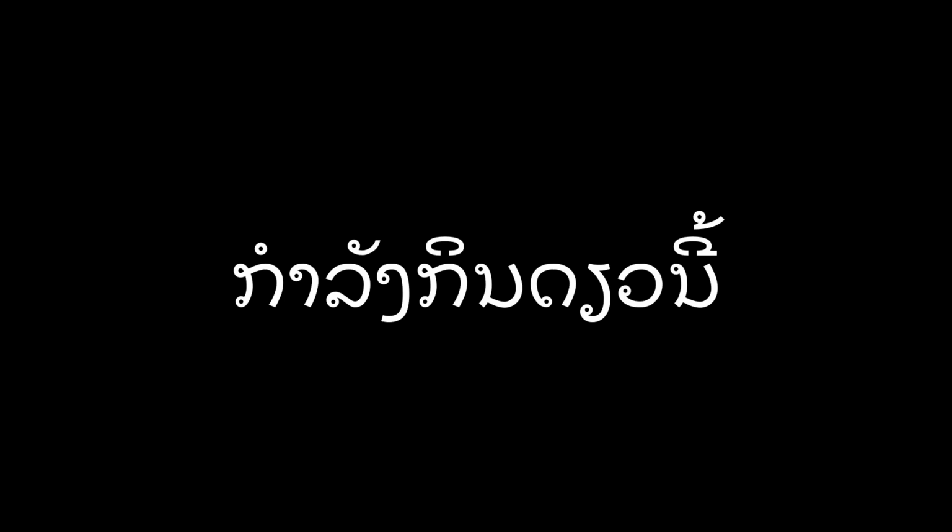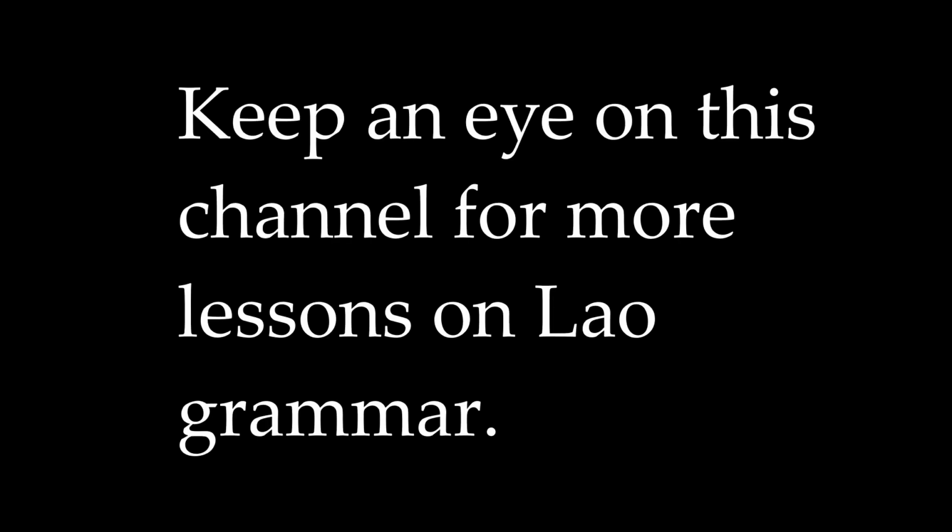Dioni and gamlang can be used together, or you can use one or the other to indicate that some action is happening right now. There are, of course, many other ways to put together a Lao sentence, or modify this structure to change the meaning in different ways. You will learn some of those in following lessons, but for now, this basic structure can serve as the foundation for understanding how Lao sentences are built.